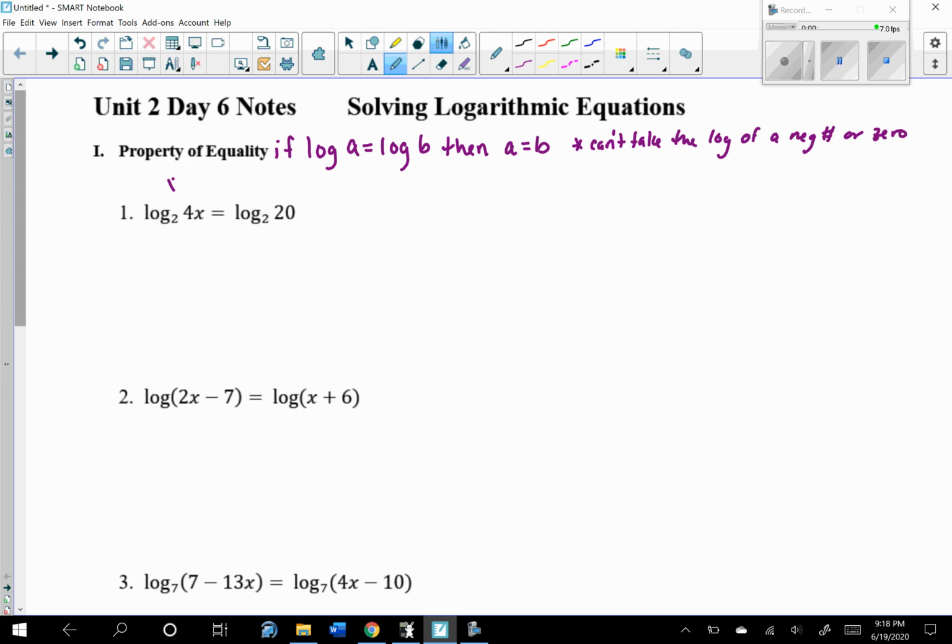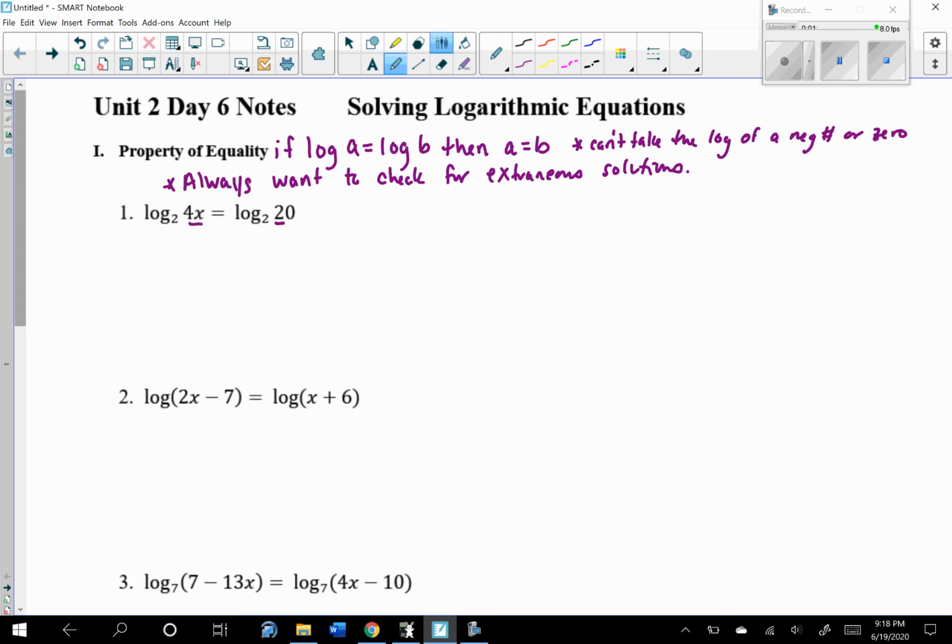And you always want to check for extraneous solutions. And remember, extraneous solutions mean false solutions, solutions that when you plug them back into the original equation, they do not work. So looking at the first one, we have a log base 2 equals a log base 2.